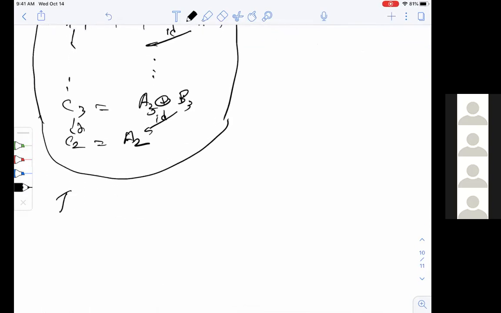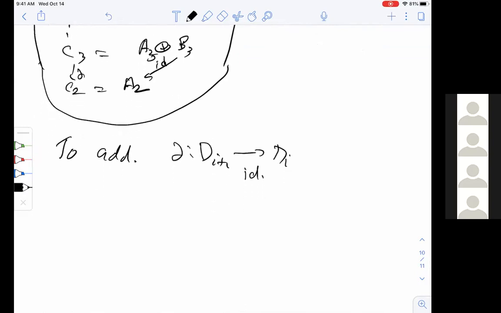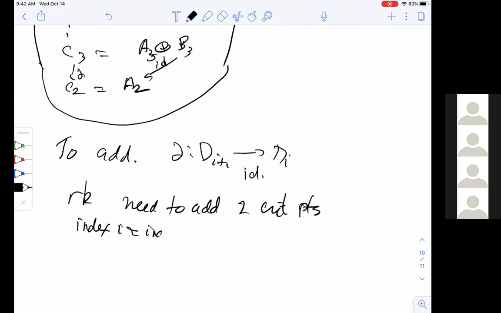So first of all, to add a complex of the form D_{i+1} to D_i with the identity matrix for the boundary map, what do you do? Well, let's just do the case of rank 1. So rank 1, I need to add 2 critical points, one of index i, and one of index i plus 1, with the boundary map being the identity, matching them, shall we say.